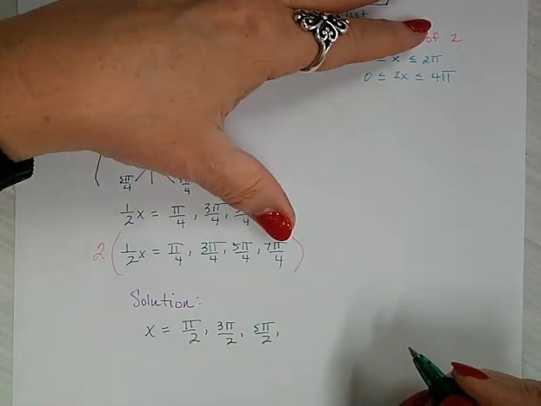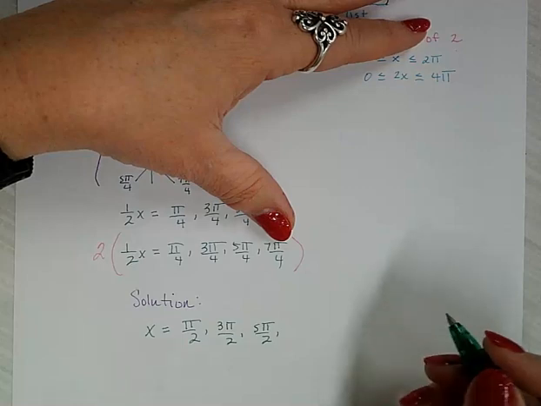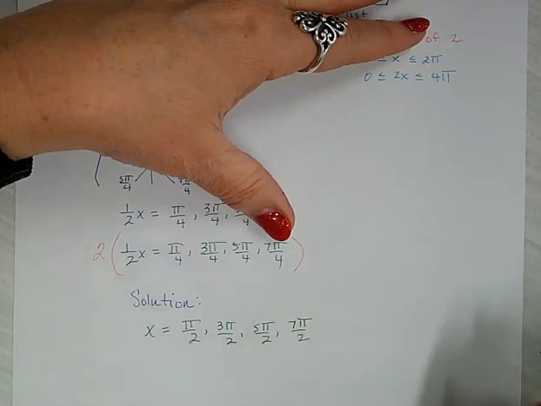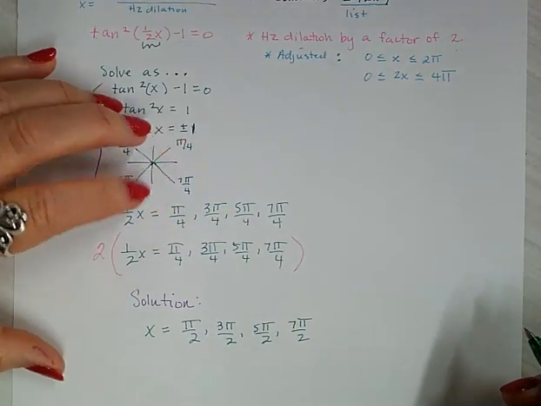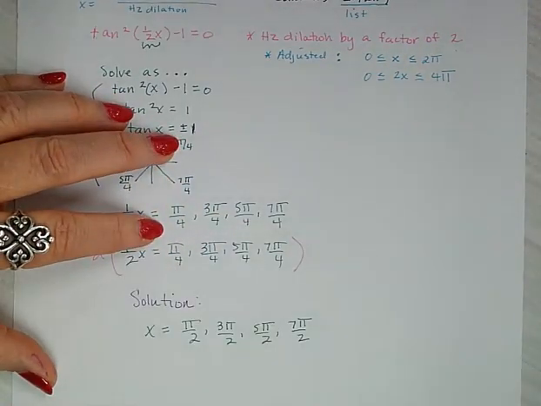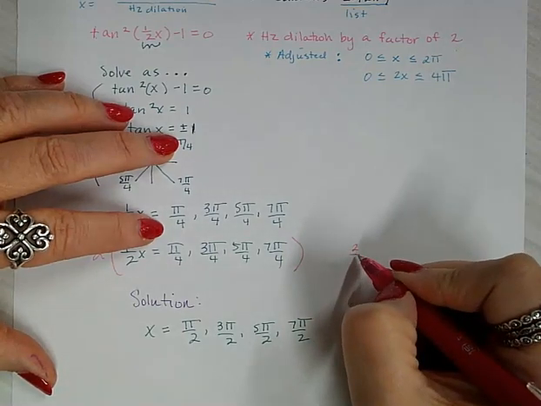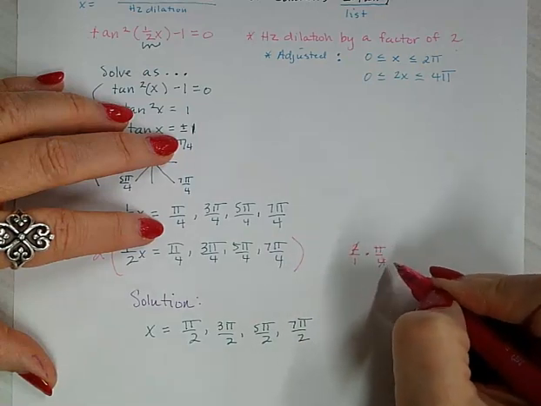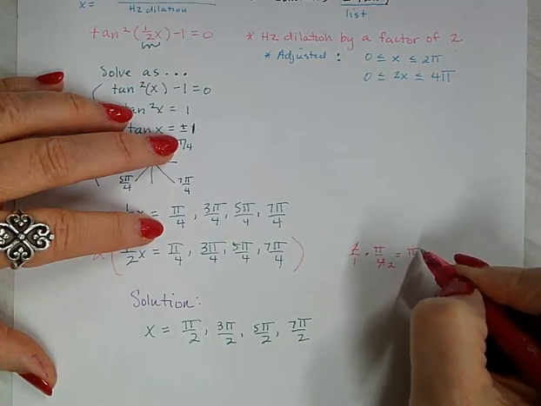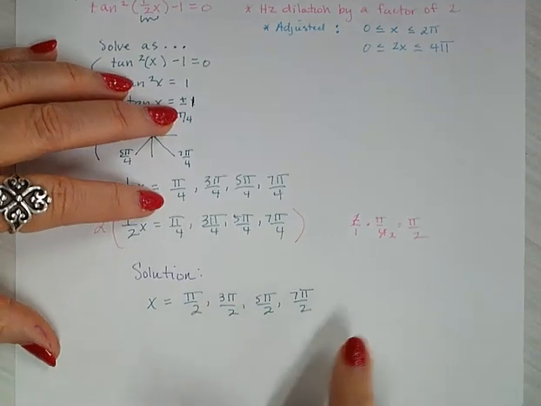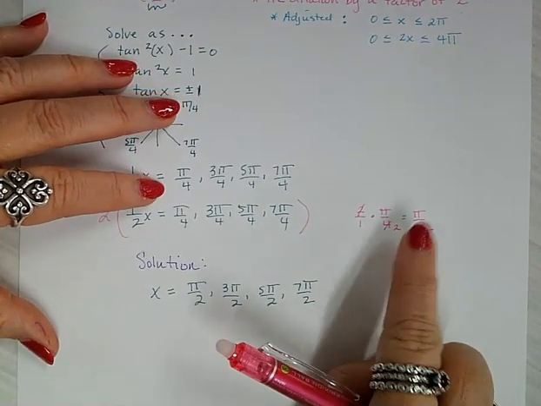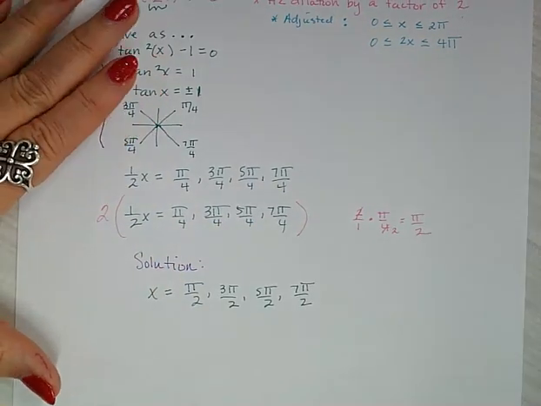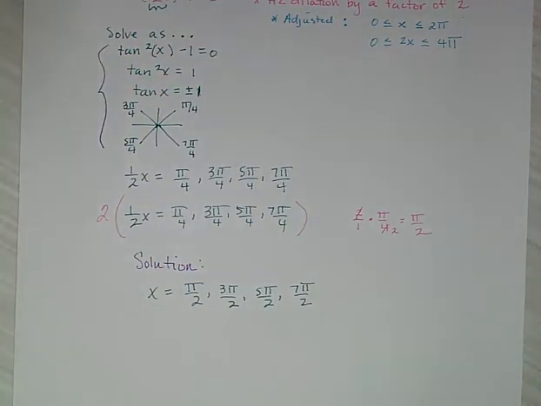And then I multiply 2 by 7 pi over 4, which simplifies to 7 pi over 2. And it simplifies, remember, because as we're distributing, you're doing 2 over 1 times pi over 4. That simplifies to 2, which leaves me with pi over 2. If you weren't understanding why it simplified, you do this for each distribution of that 2. So now I have my solution list.